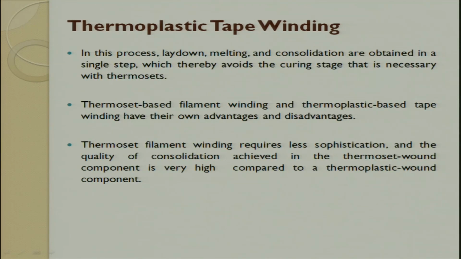So in this process, lay down, melting and consolidation are obtained in a single step. This avoids a curing stage like in a thermosetting process. As I said, majority of thermoplastic processes are one-shot, quick processes. The thermoset filament winding process and the thermoplastic based tape winding process have their own advantages and disadvantages.